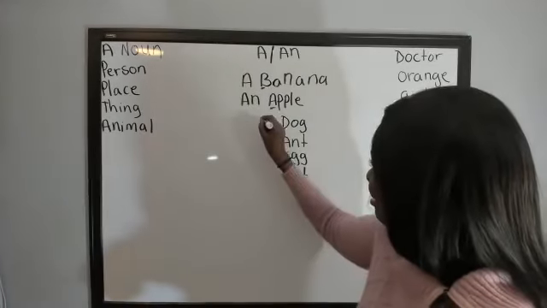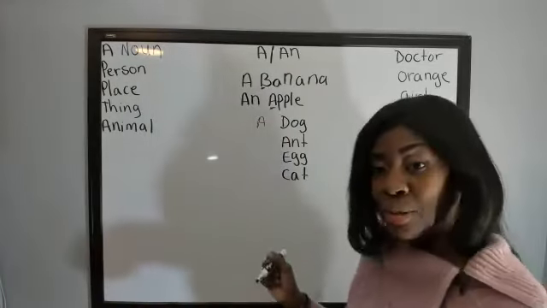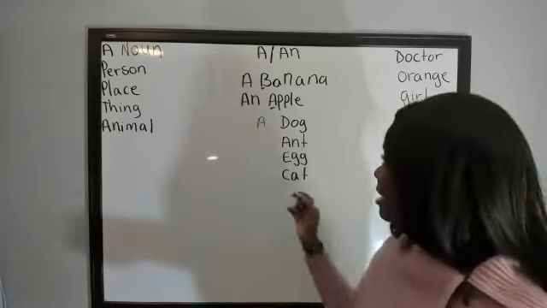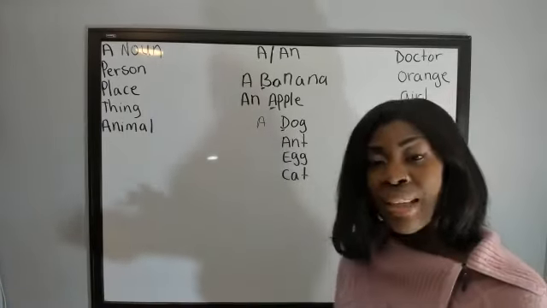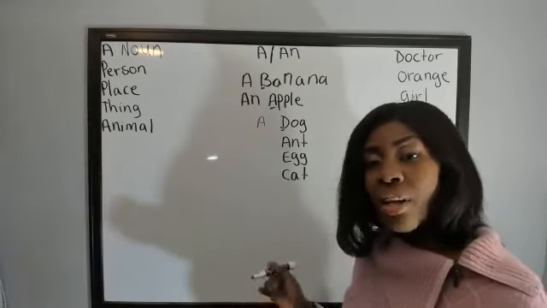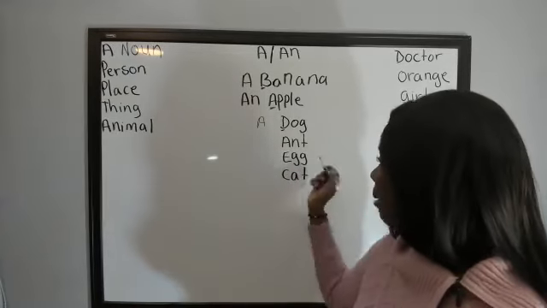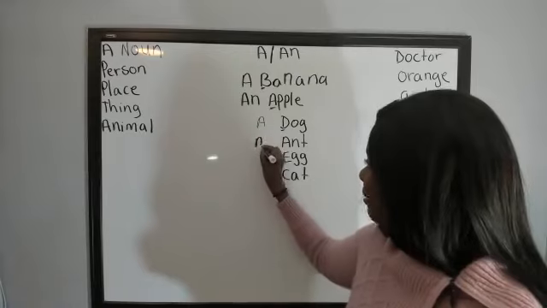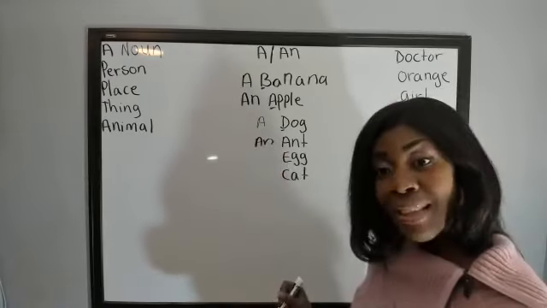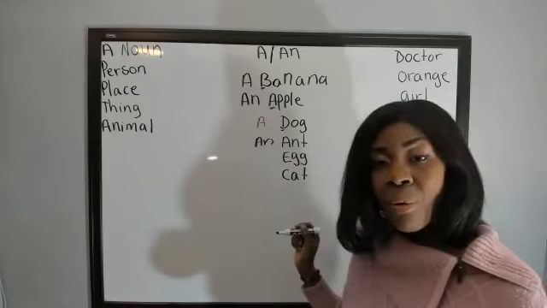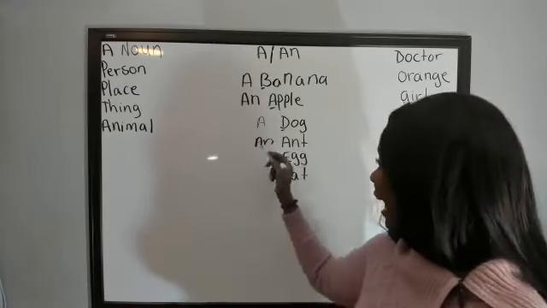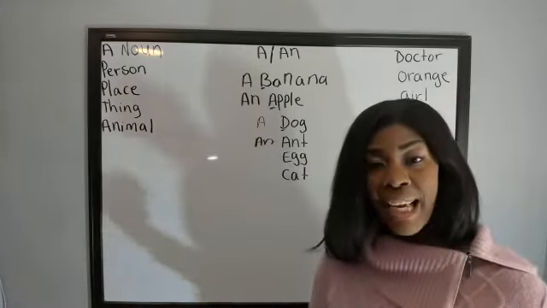Let's take a look right here. A dog. Why do I use a? Again, because the first letter is a consonant, so I have to say a dog. How about that one? I have to say an ant, because the first letter is a vowel. So I cannot say a ant, I have to say an ant.